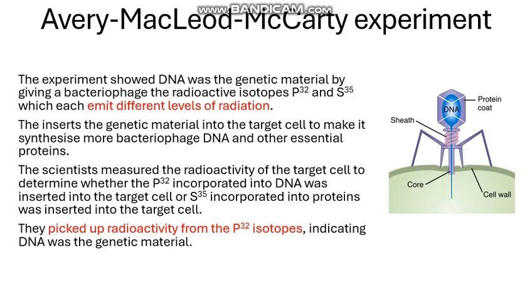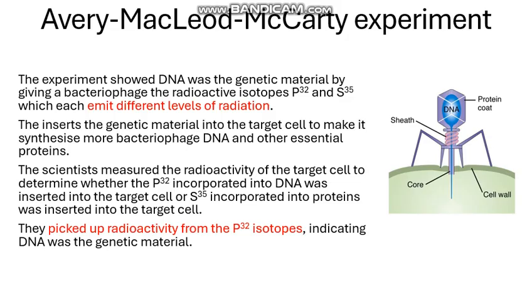The bacteriophage inserts the genetic material into the target cell to make it synthesize more bacteriophage DNA and other essential proteins required for making more bacteriophages. The scientists then measured the radioactivity of the target cell to determine whether the bacteriophage had incorporated the P32, which was part of the bacteriophage DNA, or whether the bacteriophage had inserted the S35 isotopes, which would have been associated with bacteriophage proteins.